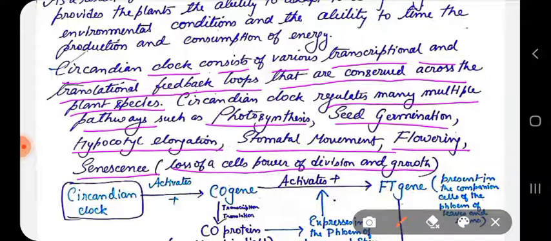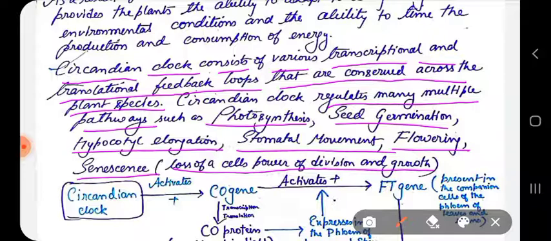Not only flower development, the circadian clock regulates multiple pathways like photosynthesis. Remember the dark reaction and light reaction that you have studied in your junior classes, and also in class 12.